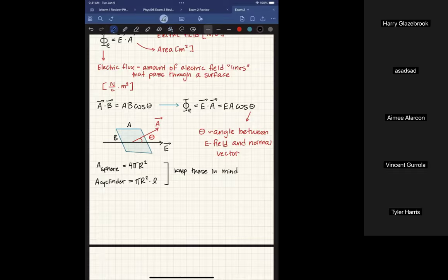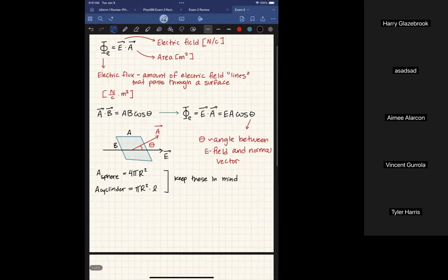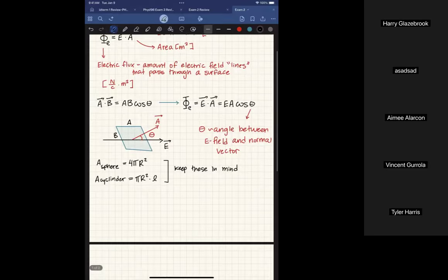Before I move on to the next equation for electric flux, I do want to point out that this electric flux equation in its most general form is written as an integral. You may have seen this: electric flux is the integral of E dot dA. This is the general form.